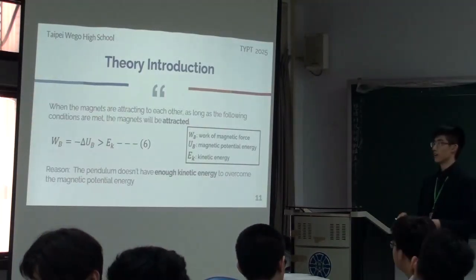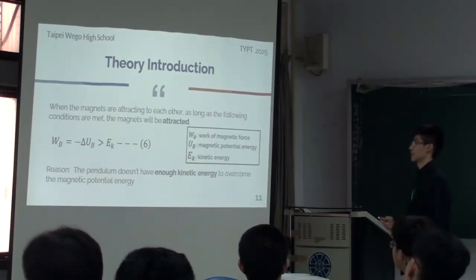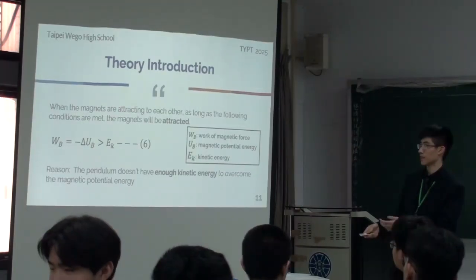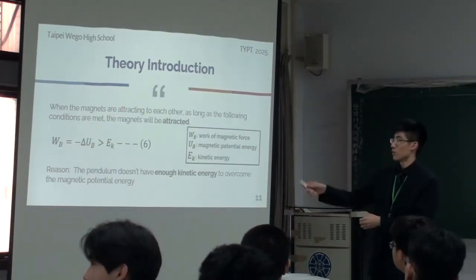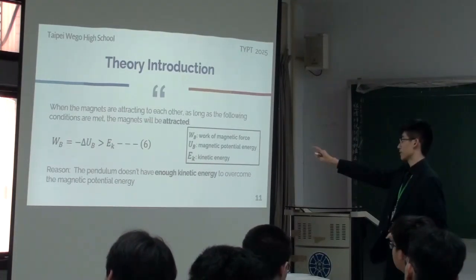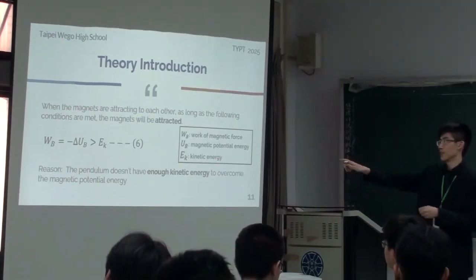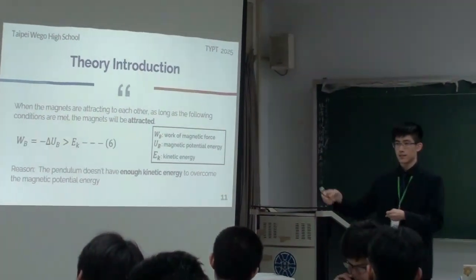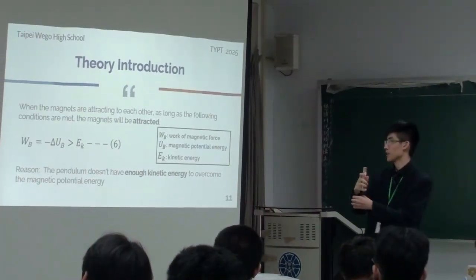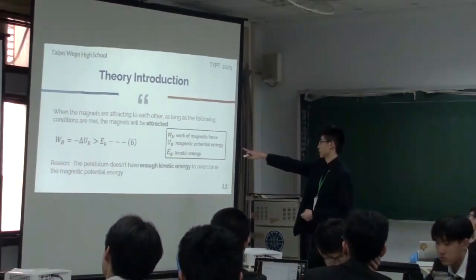When the magnets are attracting each other, as long as the following condition is met, the magnet will be attracted: the work done by the magnetic potential energy is bigger than the kinetic energy, which means the kinetic energy cannot overcome the magnetic potential energy.